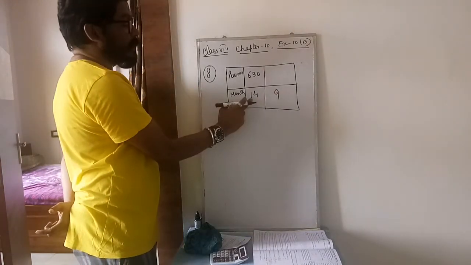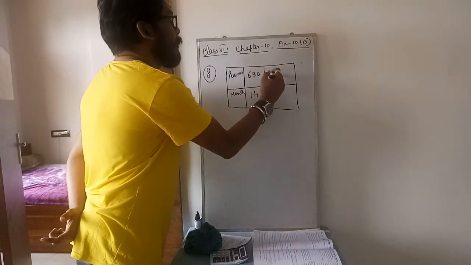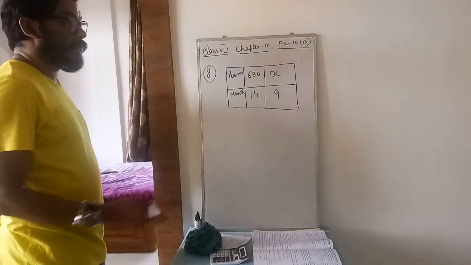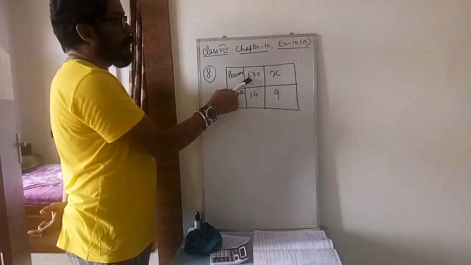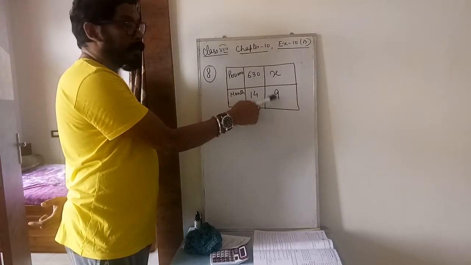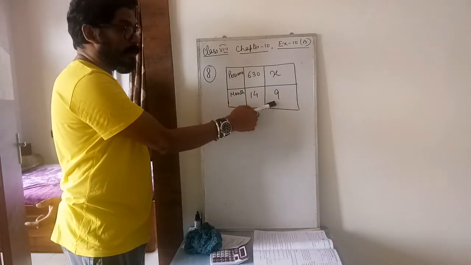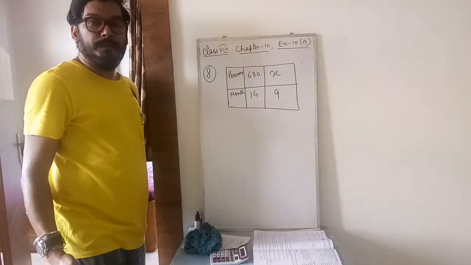See, time has decreased. Earlier it was 14, now it became 9. So you have to employ more persons. Persons is not given, so x. This is also inverse. Less time, more persons.